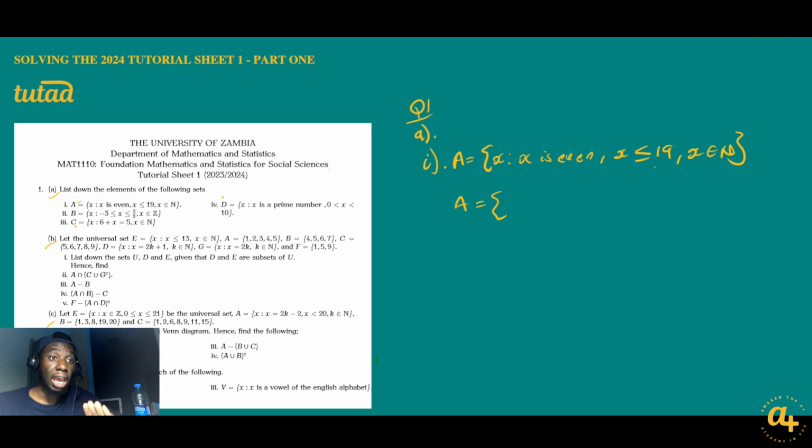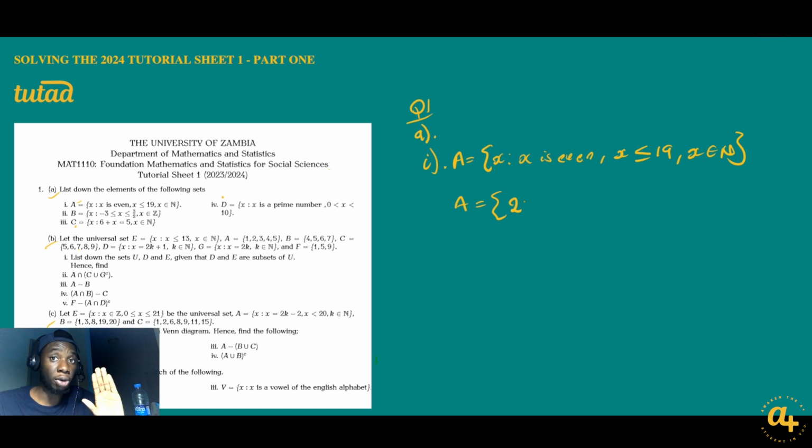This means that an even number before 19 is going to be the last element in this set A. And X is also a member of the set of natural numbers, and we know that natural numbers are counting numbers. Therefore, the elements that go into the set A have to be between 1 and 19. So let's begin listing down the elements of set A. Set A is going to first have 2.